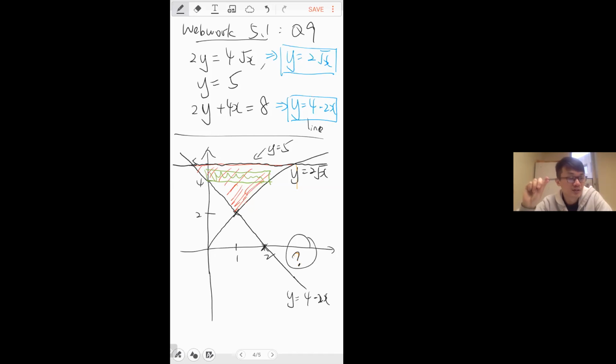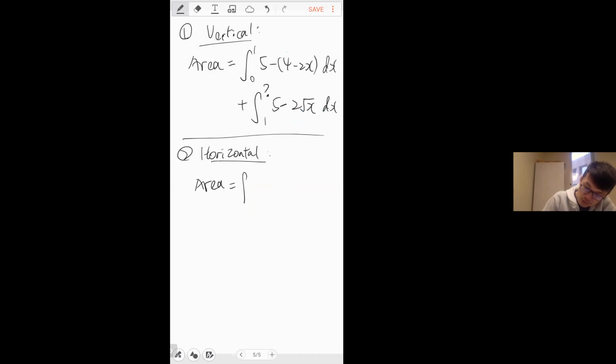So if I'm doing horizontally, what is the lower limit I can go? 2. So you can go as low as 2, and then what is the upper limit? 5. So you should put 2 and 5 here.